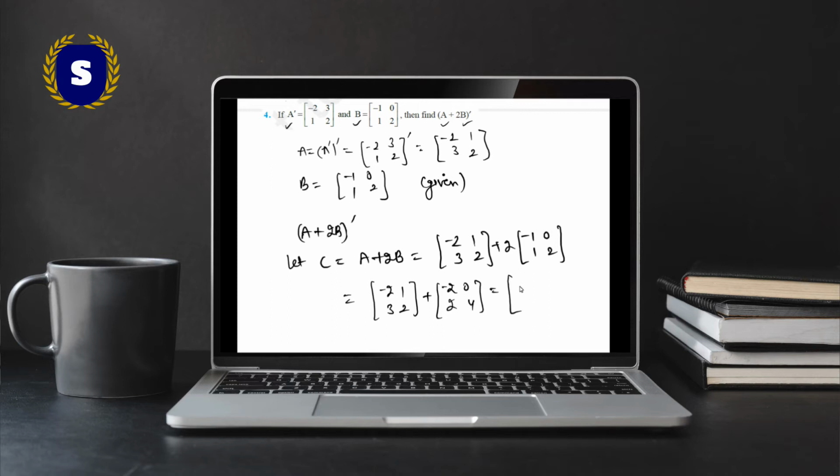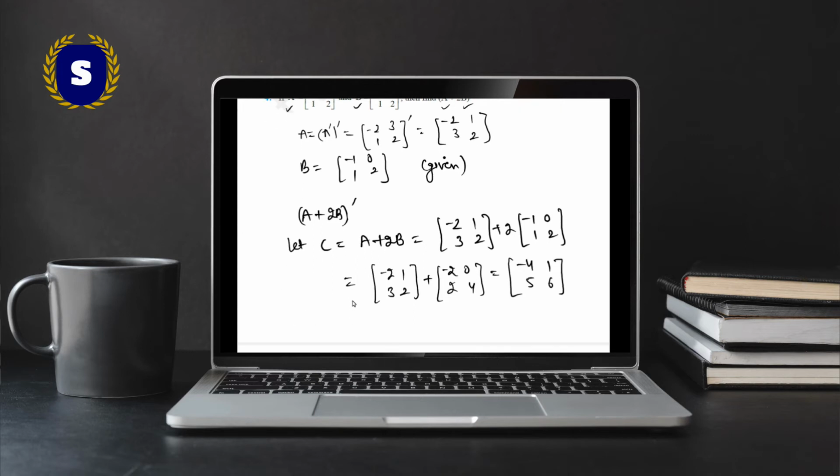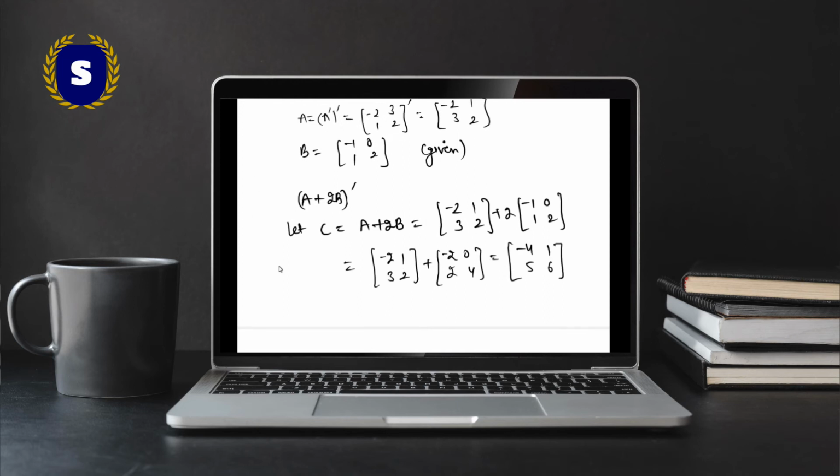This comes out to be minus 4, 1, 5, 6. We were asked to calculate the transpose of this matrix, that is A plus 2B whole transpose, or we can say C transpose, which is the transpose of this calculated matrix, and is equal to minus 4, 1, 5, 6. So this is our required answer.